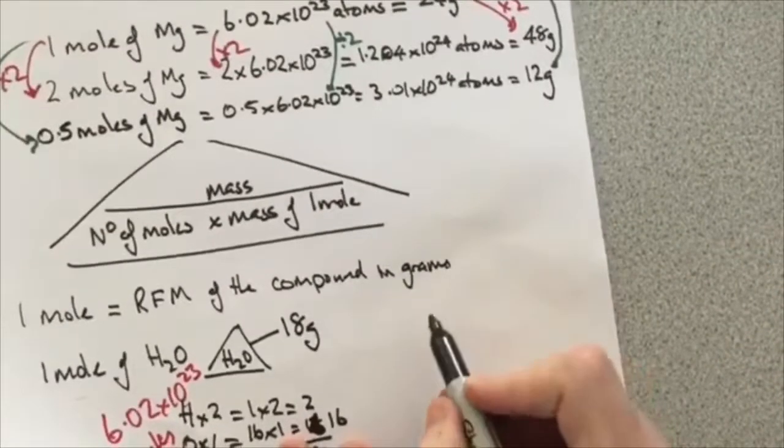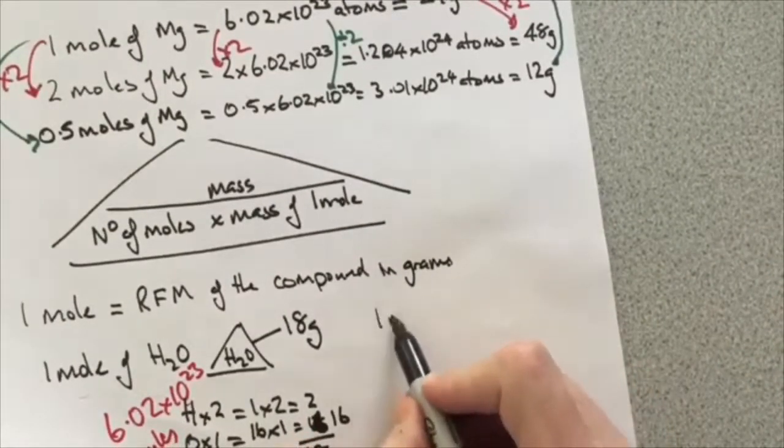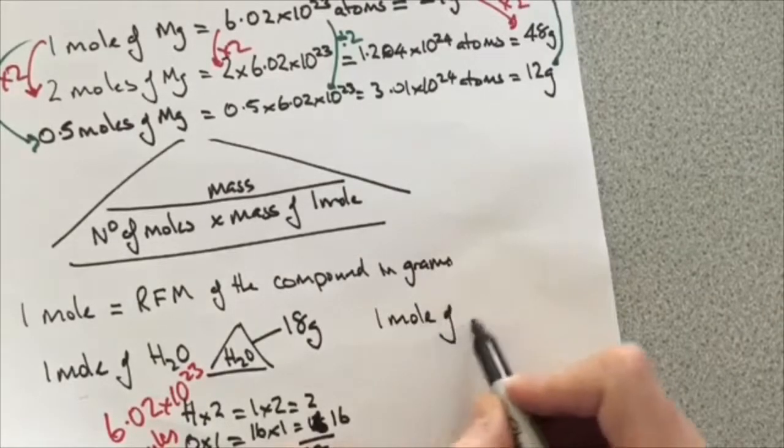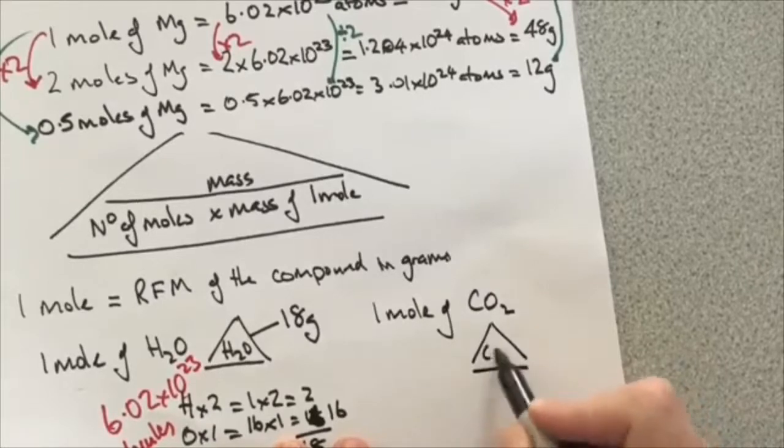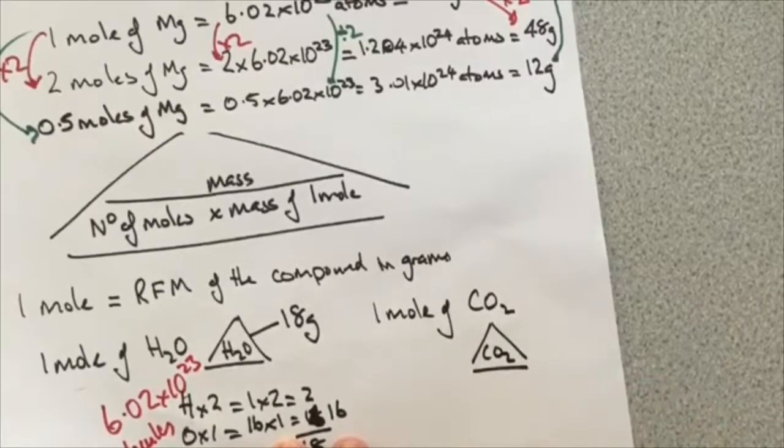Let's do another one, just as an example. Let's this time pick 1 mole of carbon dioxide. So there is my carbon dioxide. If I've got 1 mole of carbon dioxide, again, it's not on the periodic table, I've got to work this out. So I've got carbon, there's 1 of them, which is 12 times 1, which is 12.